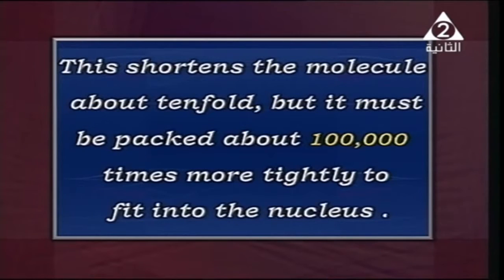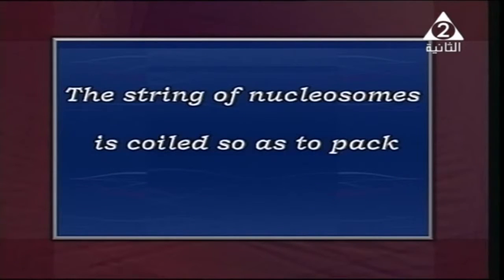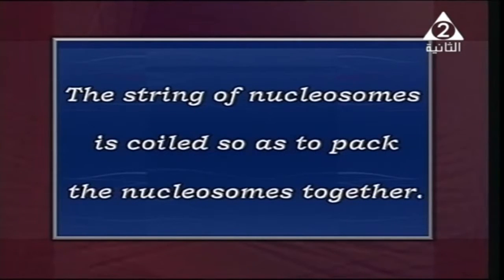This shortens the molecule about tenfold, but it must be packed about 200,000 times more tightly to fit into the nucleus itself. So the string of nucleosomes is coiled so as to pack the nucleosomes together.